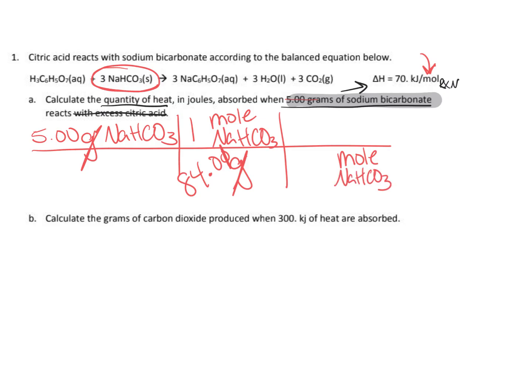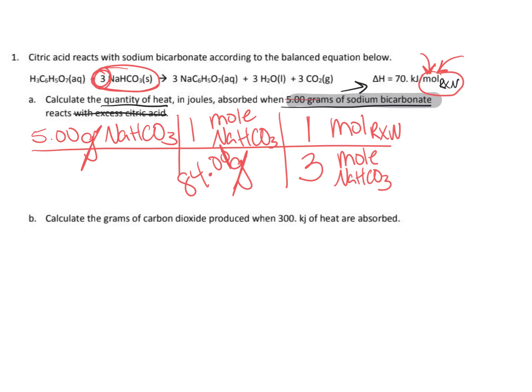Remember, only the unit and the compound come with us, not the number. So I now have moles of NaHCO3, and again, our goal is to be able to use our conversion. And what this represents is the amount of moles in my entire reaction. So for one pass of this reaction, I'm going to use 3 moles of NaHCO3.